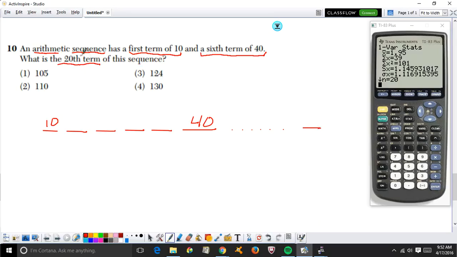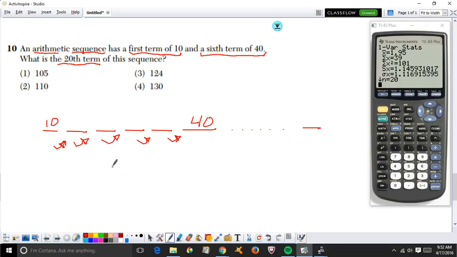Now, you have to remember that in an arithmetic sequence, to find the next number, you need to find the common difference. So if we're able to find that difference, we can figure out what the 20th term is.